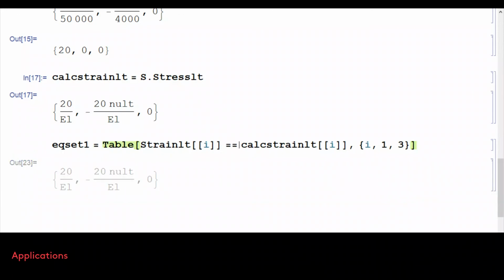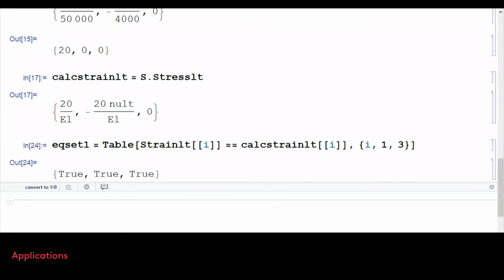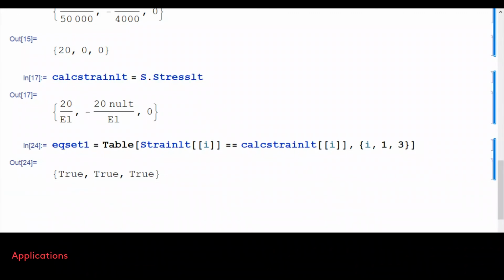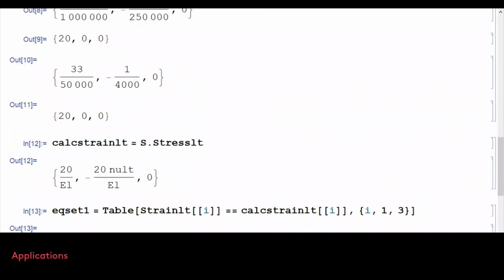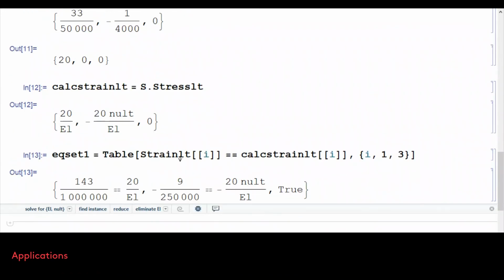This should be like this. Okay, so these are my equations coming from the first measurement.